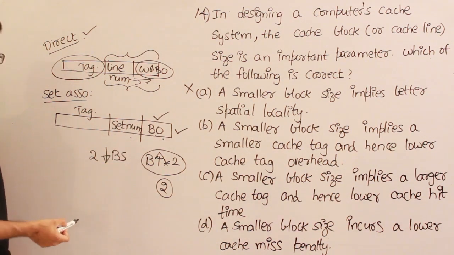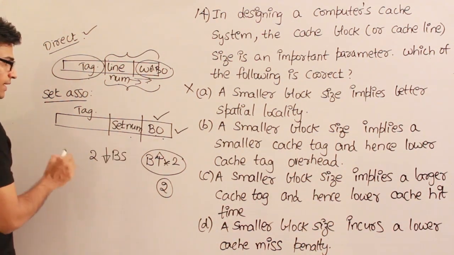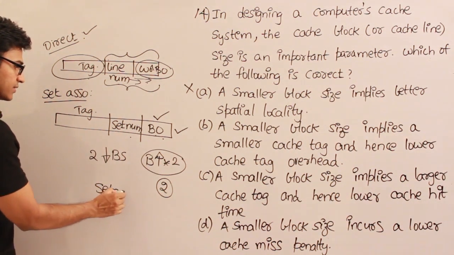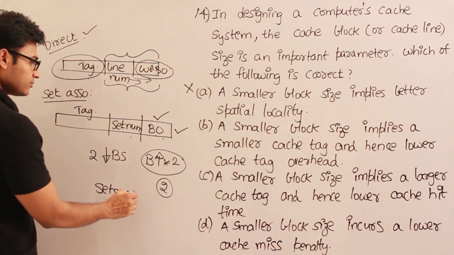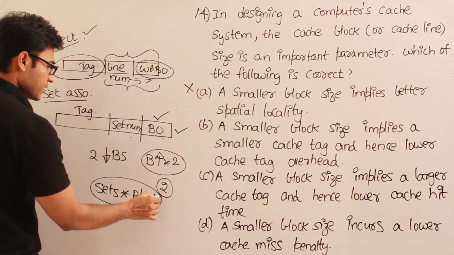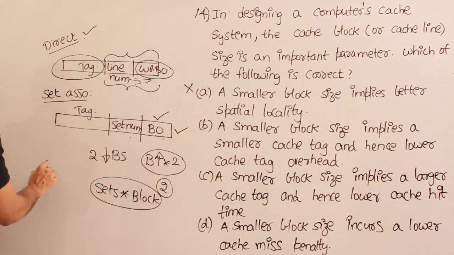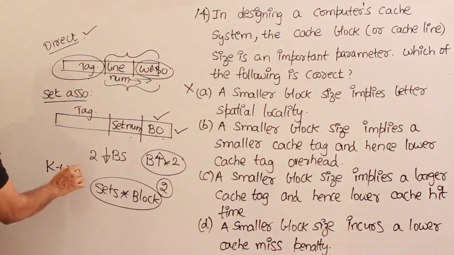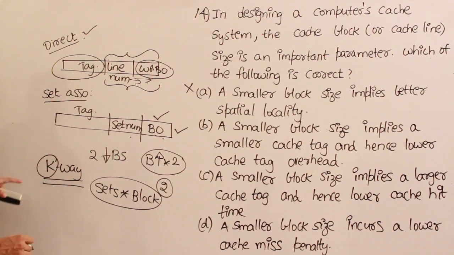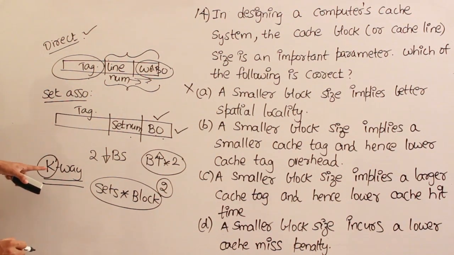So the set field takes that one bit. Therefore, in any cache organization, the number of sets times the block size will be constant as long as you keep k constant in k-way associativity, whether it is 2-way, 4-way or 8-way.